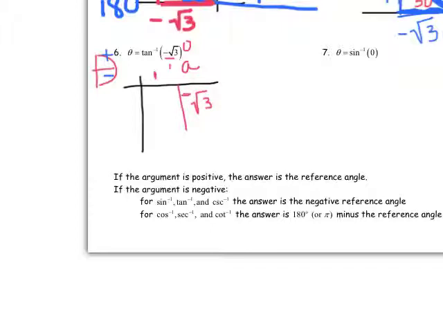The adjacent is positive. That's good. They both can't be negative. If they are both negative, it would go back to a positive, right? Finish off the triangle would be a 2. So this is a 30, 60, 90. I know across 1 is 30. This guy would be 30, but we don't care so much about that. Across root 3 is 60. That's the more important one. That's the reference angle. The answer, though, is 0, go backwards 60, and when you go backwards, that's negative.